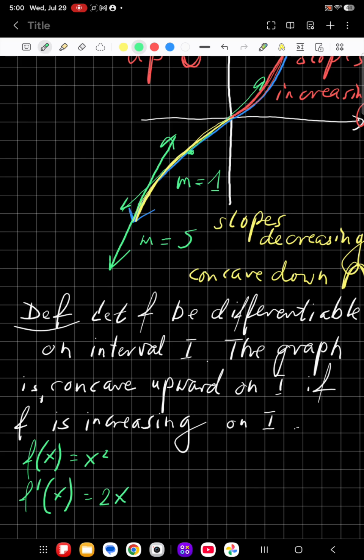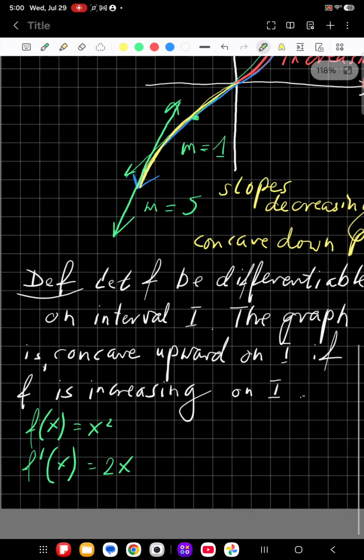Then we were trying to figure out whether the function is increasing or decreasing, so we were plugging in numbers for x, which I was calling testing numbers or testing points, to figure out whether this is positive or negative. If it's positive, the function will be increasing; if negative, the function will be decreasing.